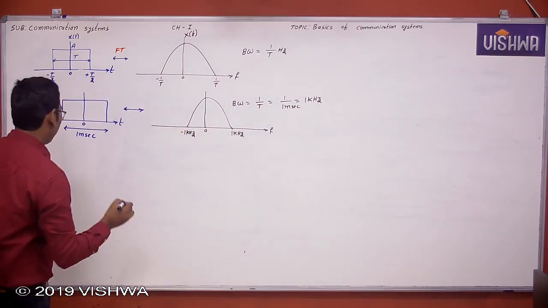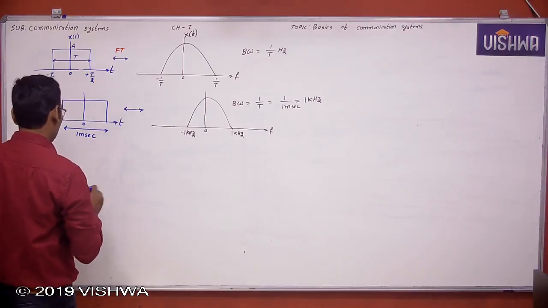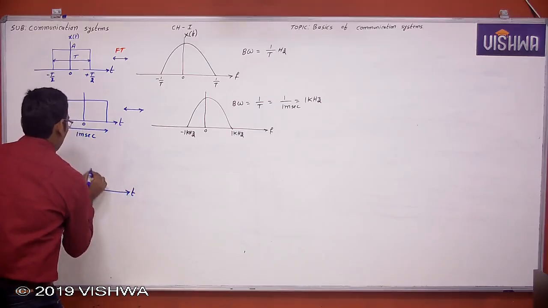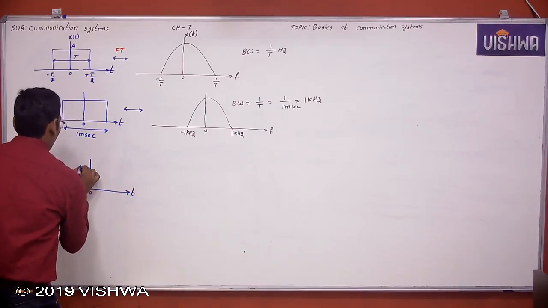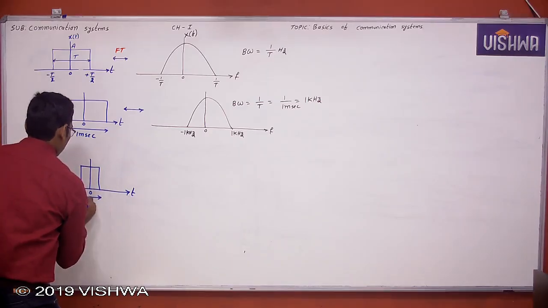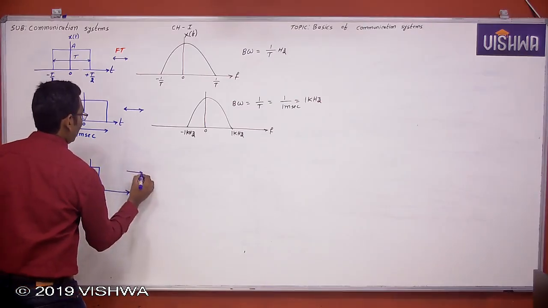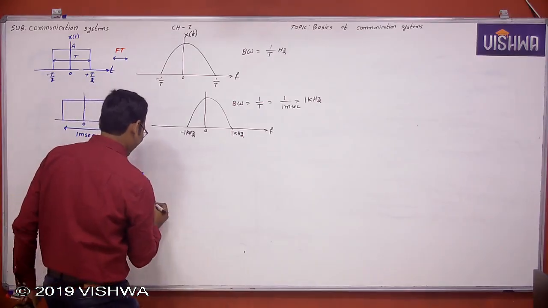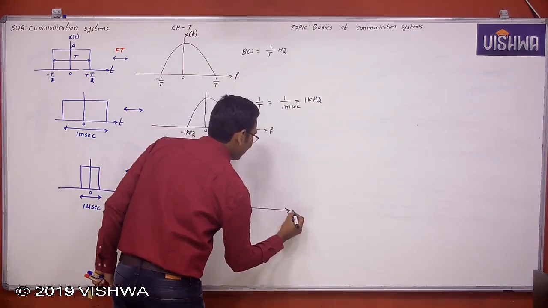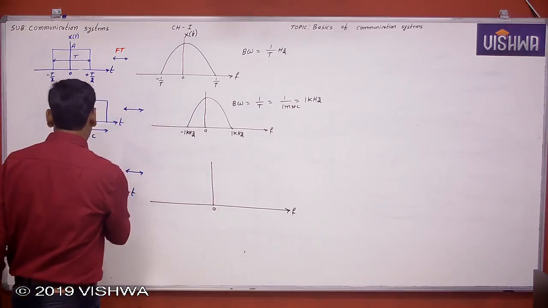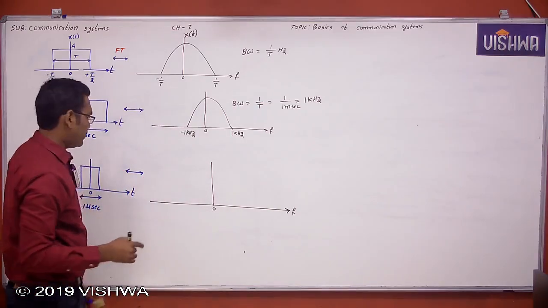Now similarly, now this is 1 microsecond. Therefore 1 microsecond inverted gives 1 megahertz.